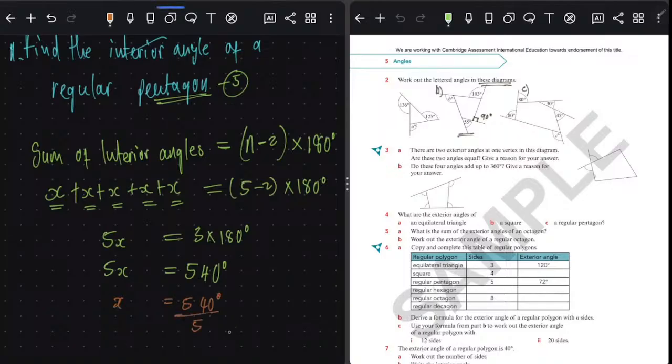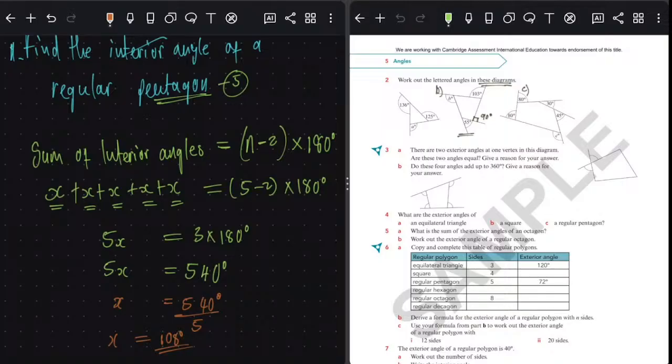What is the answer? 108 degrees. So each angle in a regular pentagon is 108. All angles are 108, 108, 108, 108.